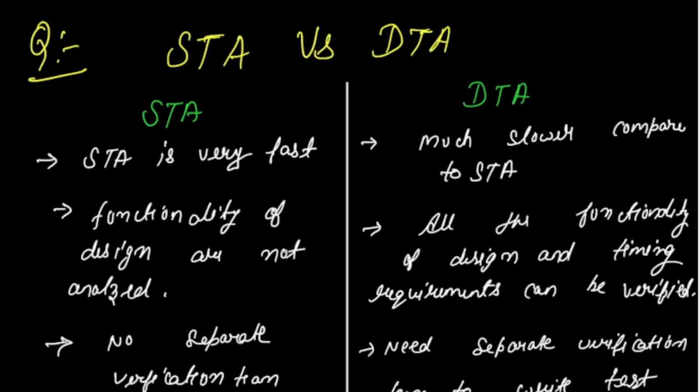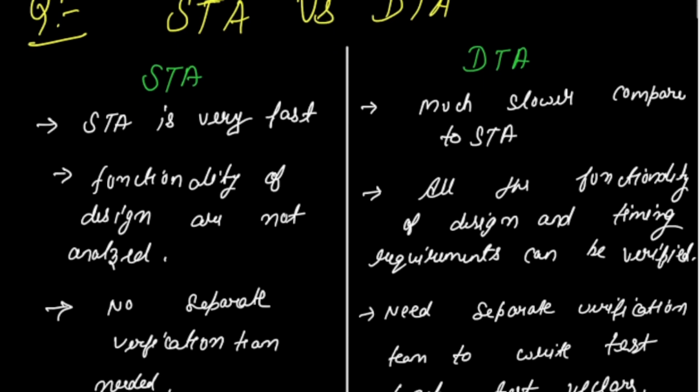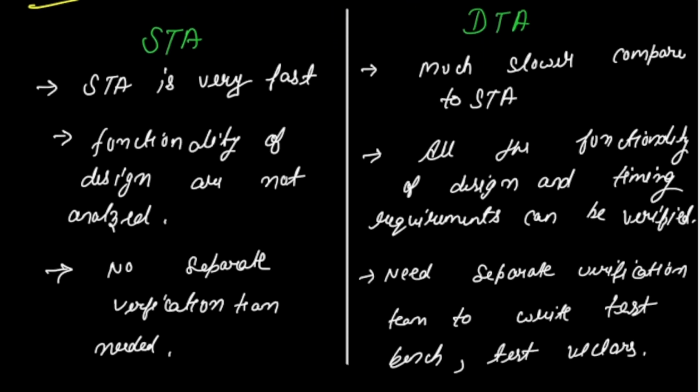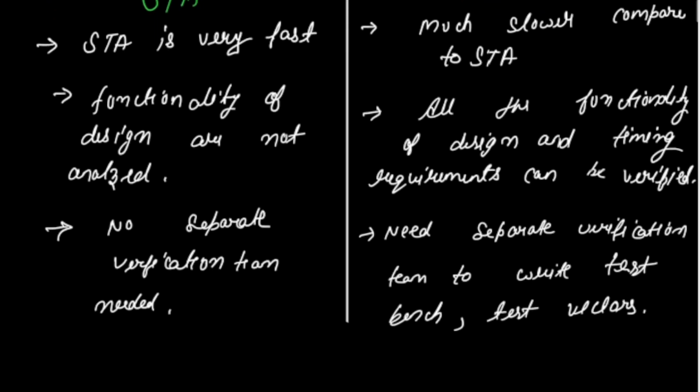But in DTA, we need a separate verification team to write the test bench or test vectors to perform all those DTA tasks. But in STA, no separate verification team is needed because it is independent of the input vector.